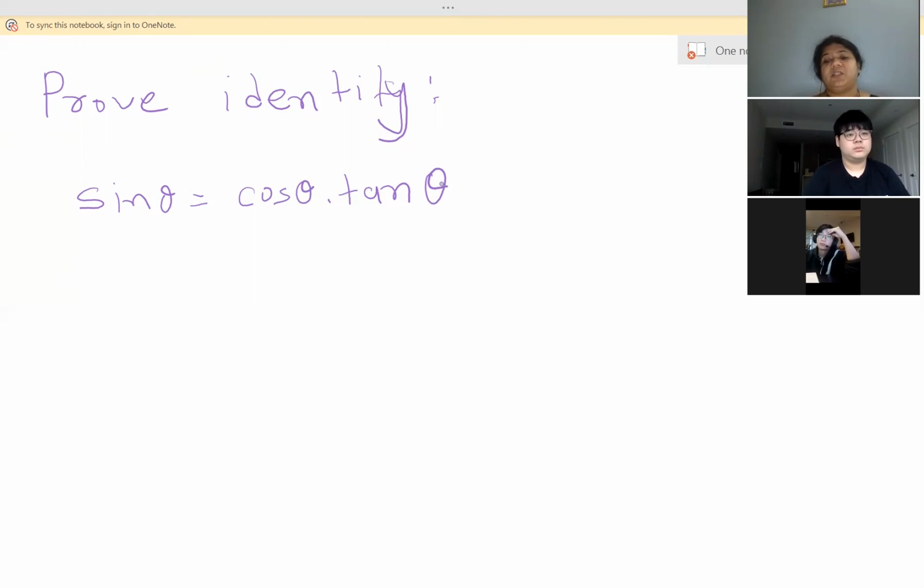There are many ways to prove this identity. You can do something on the left side and prove it to your right side. You can start from the right side and prove your left side. You can use some formulas on both sides and make them the same. That means you will get the same answer on both sides. Then we can say it is proved. So there are three hints.